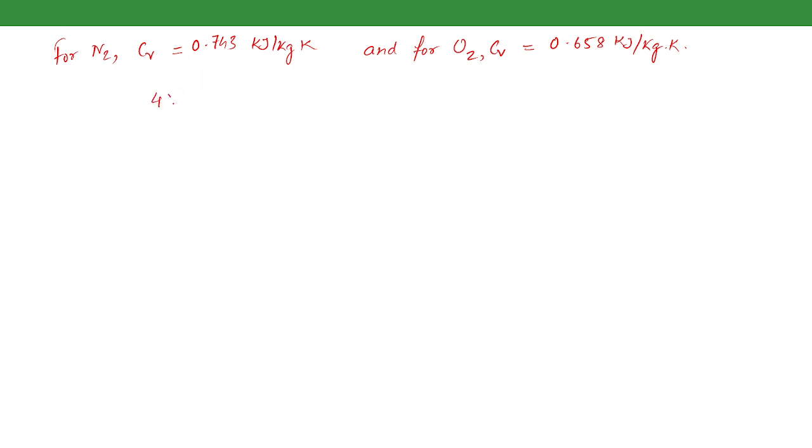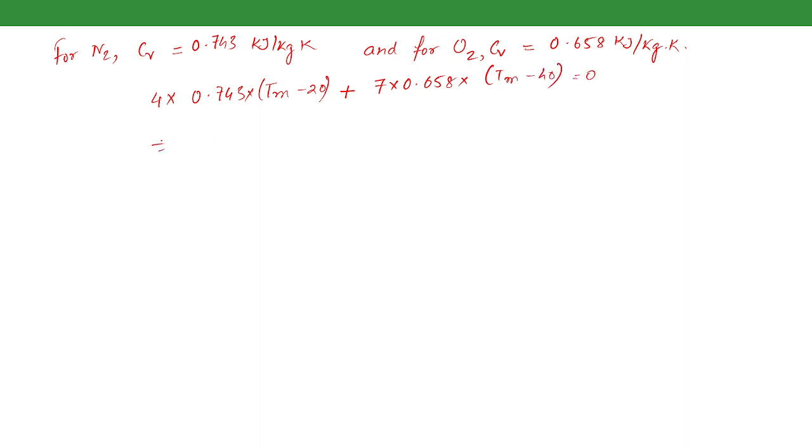So if we put in the values, it is 4 into 0.743 into (Tm minus 20). Here we are not converting to Kelvin because the temperature difference in degrees Celsius and the temperature difference in Kelvin give the same value, so we are just putting the values directly. Plus 7 multiplied by 0.658 into (Tm minus 40).